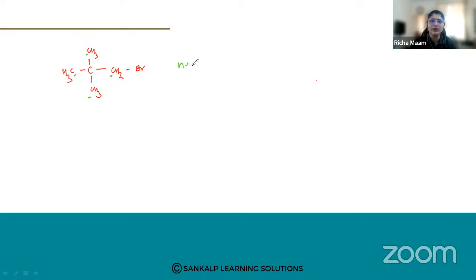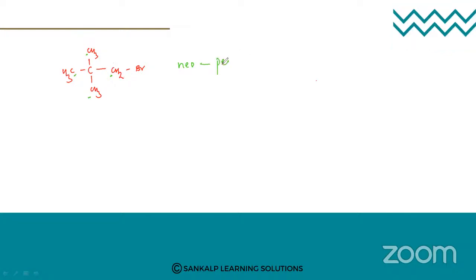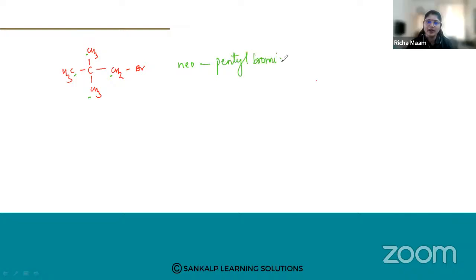So the prefix given is neo. Whenever in isomers a carbon atom is attached to 4 carbon atoms, it is given the word neo. How many carbon atoms? 1, 2, 3, 4, 5. So it is neopentyl bromide.